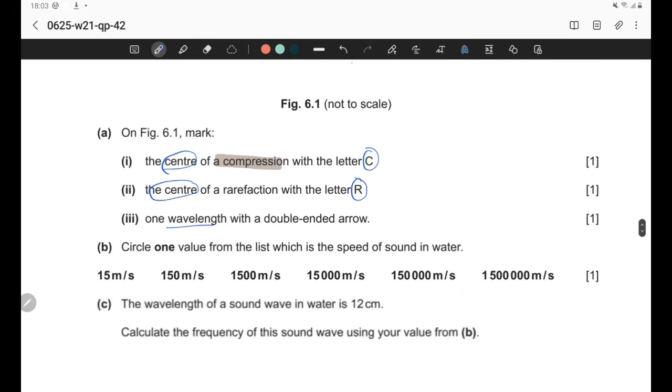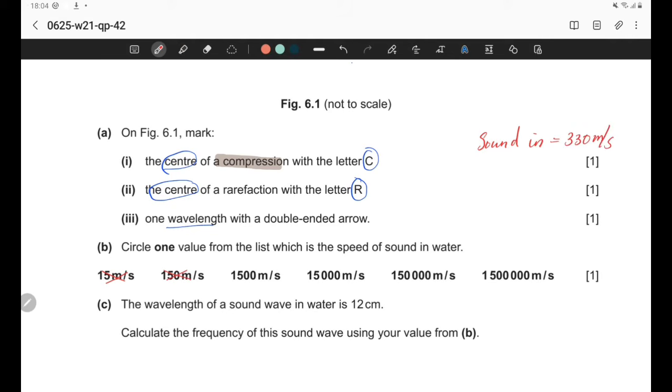Part B, circle one value from the list which is speed of sound in water. So the first one, 15 meter per second, is too small, and 150 meter per second is also too small for the speed of sound in water. So basically we need to know the speed of sound in air, which is almost equal to 330 meters per second.